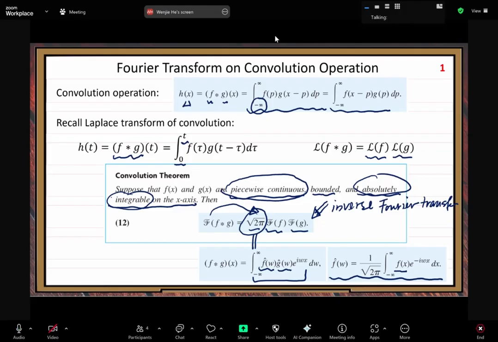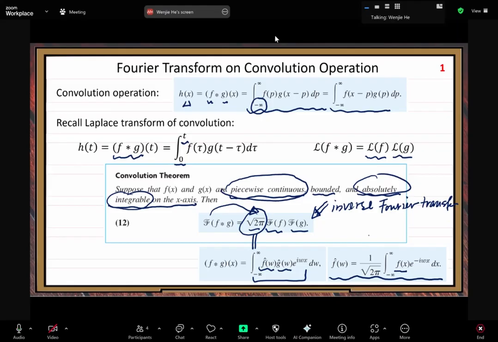The answer is simple: we change the domain, right? When we apply the Fourier transform, we move from the time domain to the frequency domain. So here, after the Fourier transform, this W you see here.